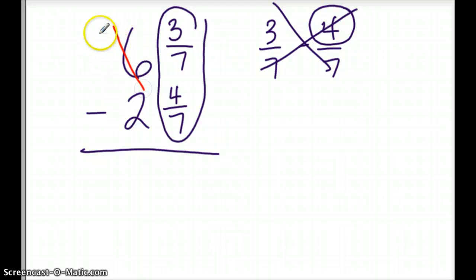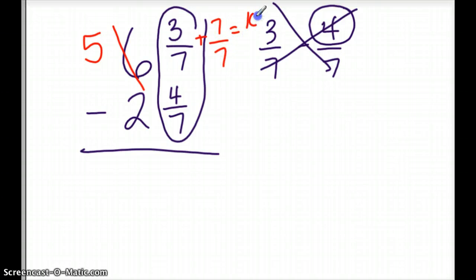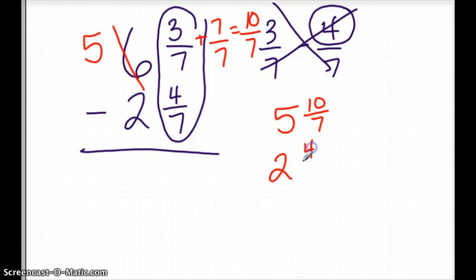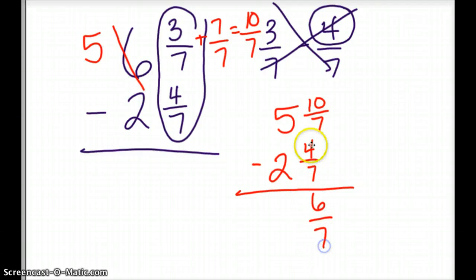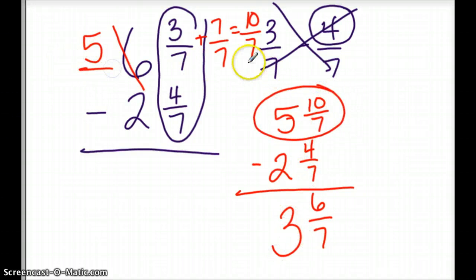This becomes a 5. I add 7/7 and I get 10/7. So now my new number is 5 and 10/7 minus 2 and 4/7. And now I can easily subtract. 10 minus 4 is 6/7. 5 minus 2 is 3. I got this number from here and here.